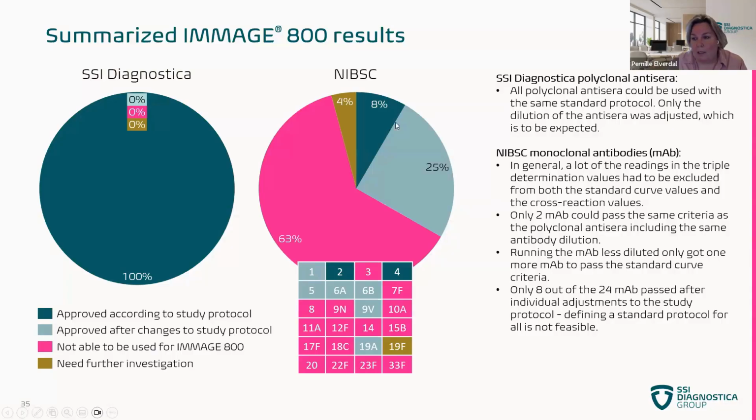We actually only had 2 monoclonal antisera passing the whole testing, the whole protocol. 25% of them had to be adjusted to fit the protocol and pass the protocol. And then we had, of course, that one serotype which we unfortunately had to leave out because of lack of material.